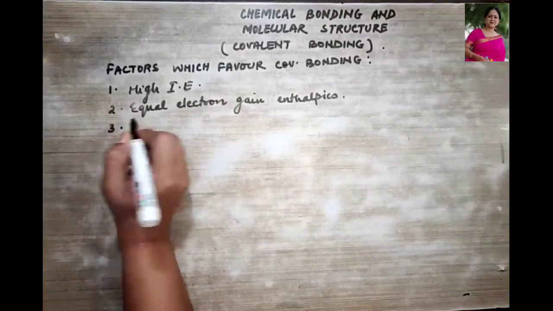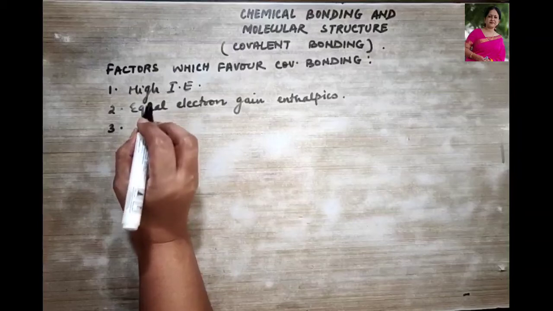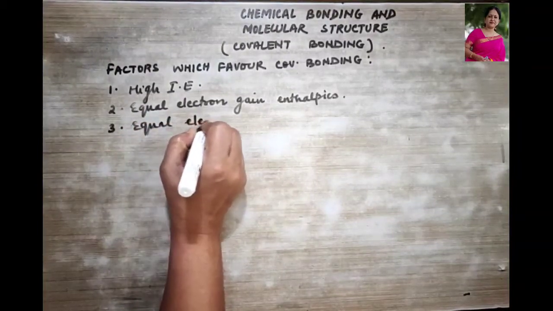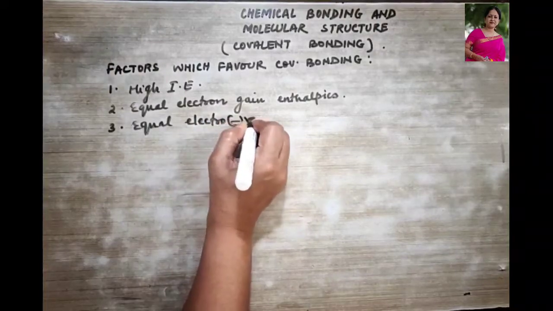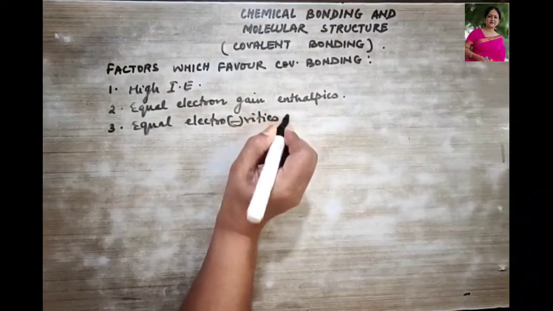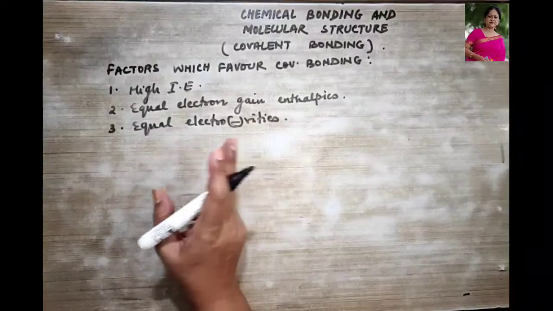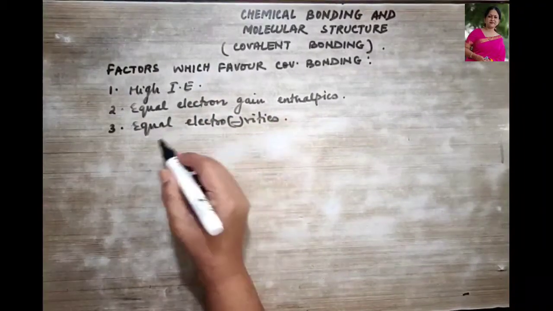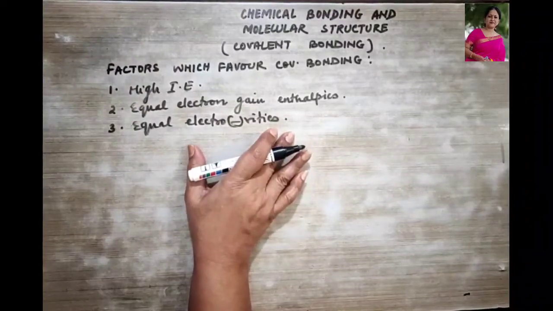Then the third point over here is equal electronegativities. Both the non-metallic atoms should have equal electronegativities.